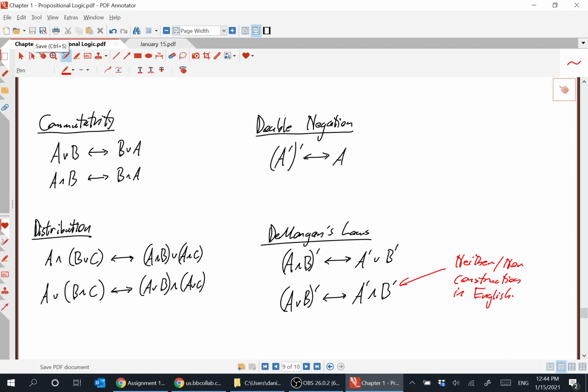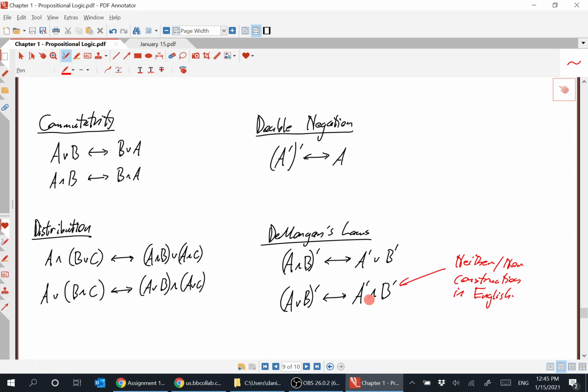For example, do you have grapes or apples? Well, if it's not true, I do not have grapes or apples. You would say, I neither have grapes nor do I have apples.